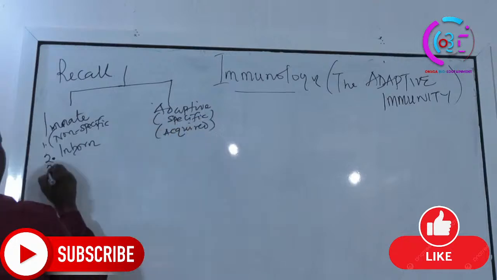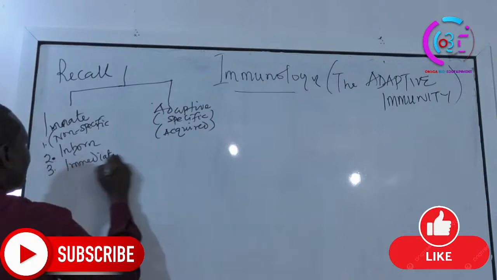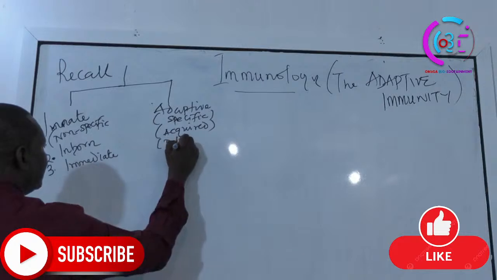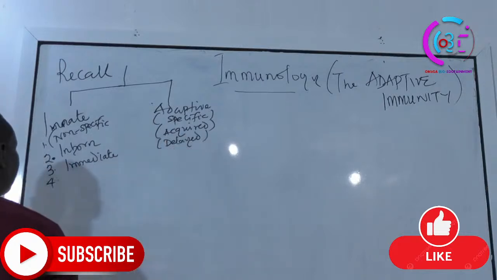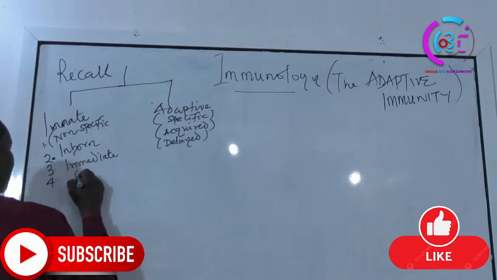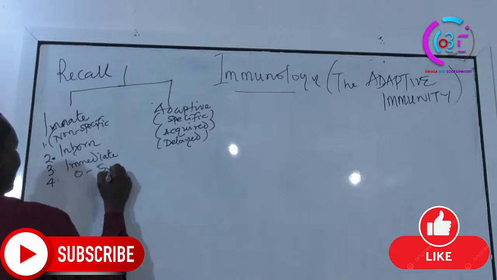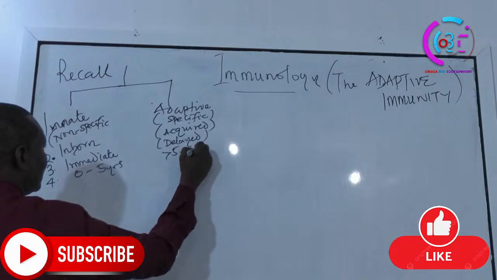I told you that innate is immediate in response, and adaptive is delayed to certain points. I told you again that innate is what we are born with, and it continues between 0 and 5 years, and adaptive continues from greater than 5 years and above.